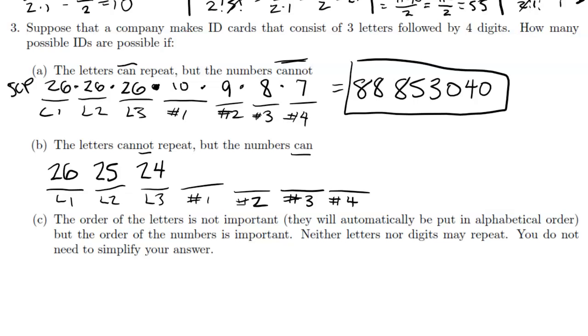Now we're switching to numbers. So again, the digits are 0 through 9, so there's 10 options. And the numbers this time can repeat. So I could use the number 5 multiple times. So even though I picked a number first for number 1, I can use the same one again if I want. So my pool of options is still the same. We still have all the digits 0 through 9 for each of these. And then we're going to multiply all the way across for sequential counting.